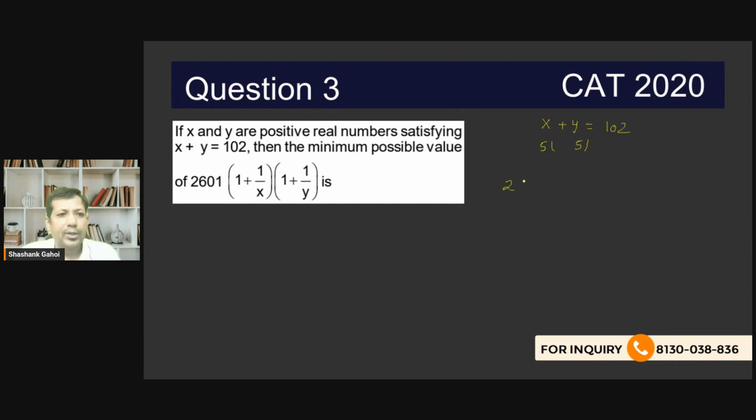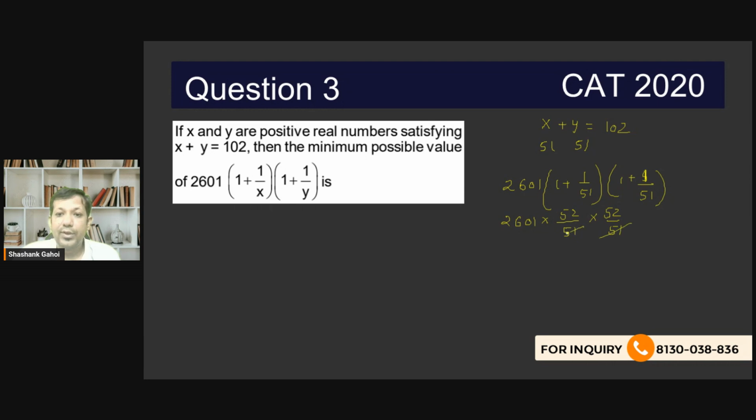Now what am I going to get? 2601 times (1 plus 1 upon 51) into (1 plus 1 upon 51). That's it, I'm not going to do anything else. So 2601 into 52 upon 51 into 52 upon 51.